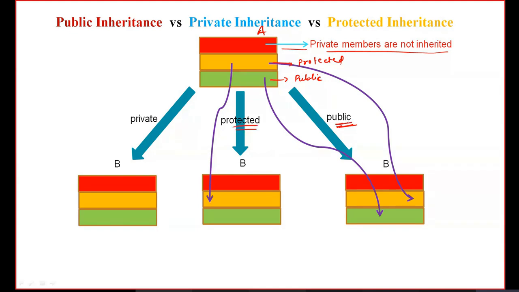So in case of public and protected inheritance, protected members will remain protected. Whereas whatever is public will also become protected in protected inheritance. That is the difference between protected and public inheritance. So whatever is being inherited is kept in the protected part in case of protected inheritance.